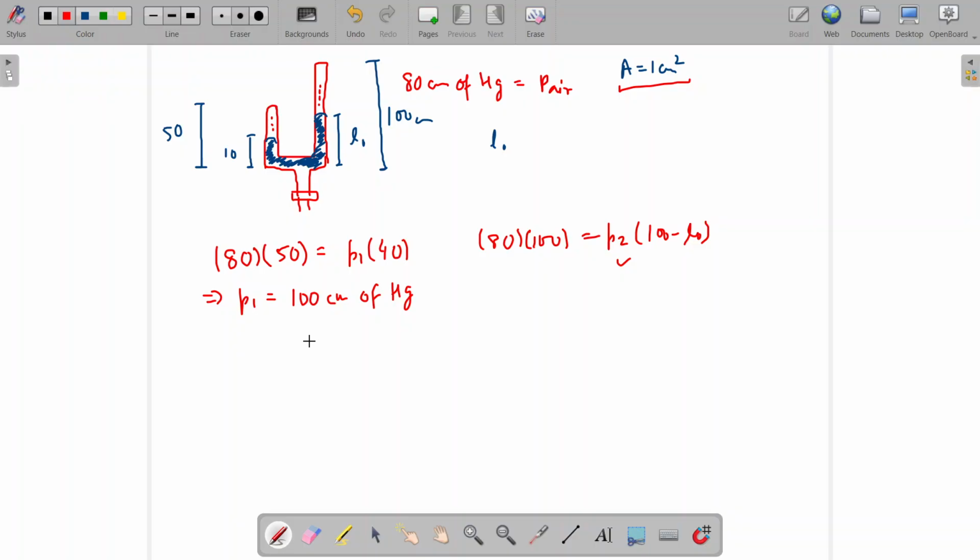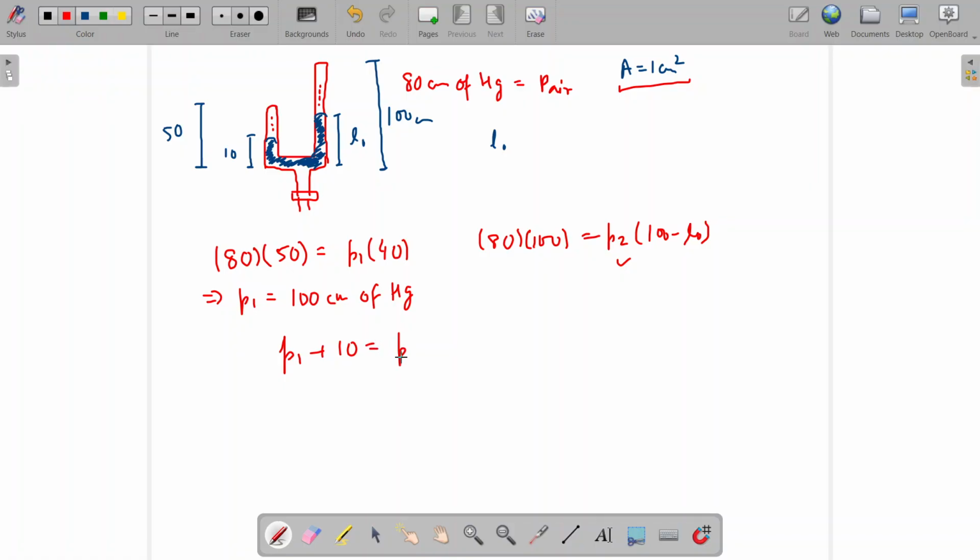So next, we'll apply P plus rho g h, that is whatever pressure is above the mercury column plus the pressure of the mercury. In the left column of the manometer, the pressure is P1, so P1 plus 10 centimeter, that is the pressure.